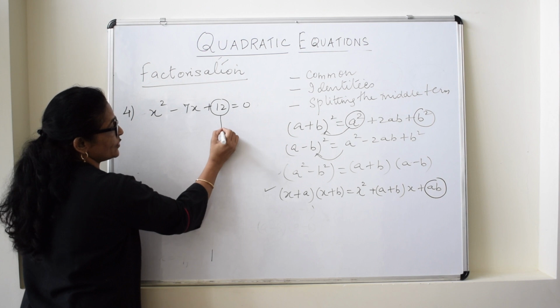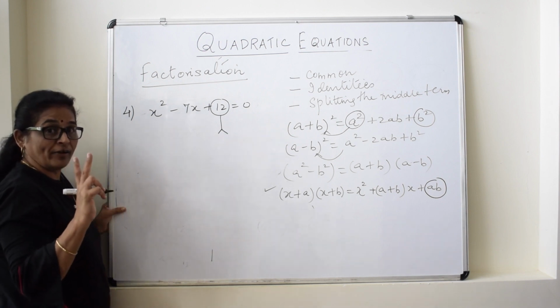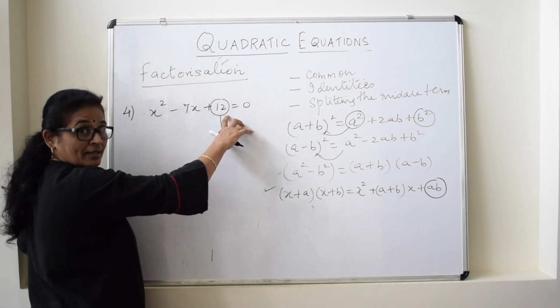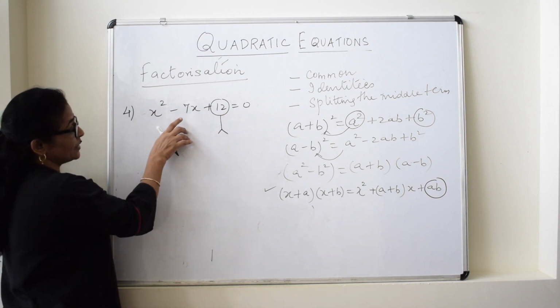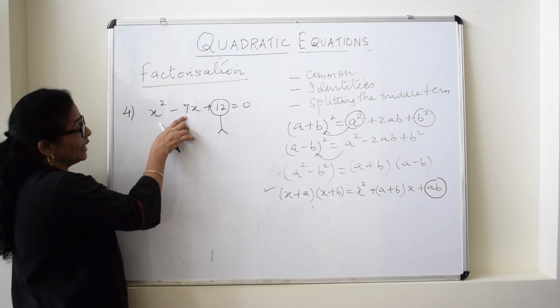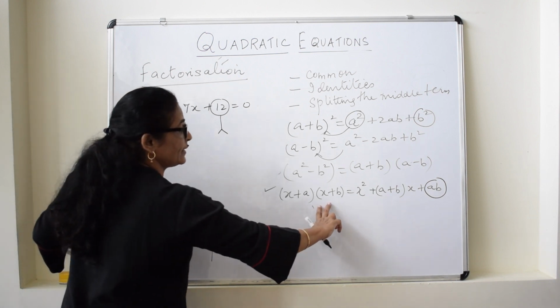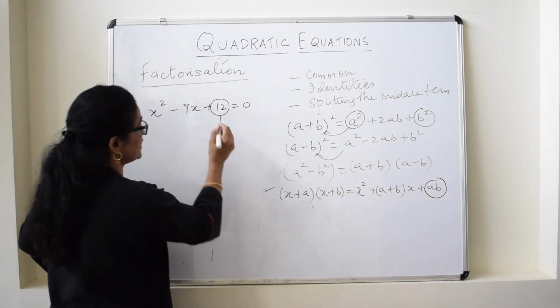So if you concentrate on this 12, we have to choose two factors of 12 whose sum is the coefficient of the middle term. It means I am using splitting the middle term, and at the same time we will rewrite it in the form of this identity. Let's see how.